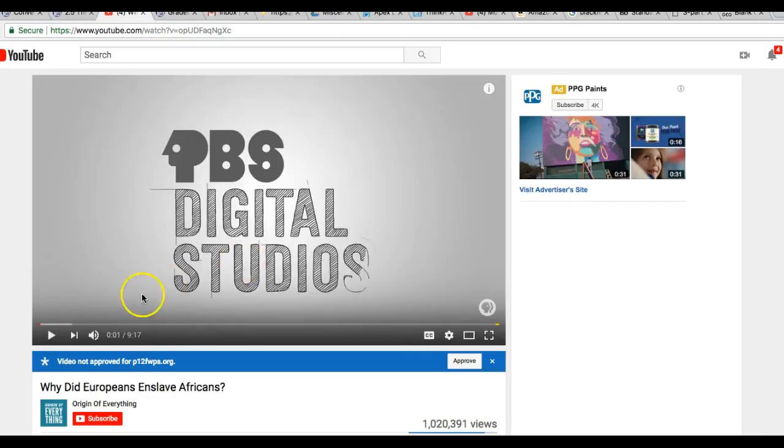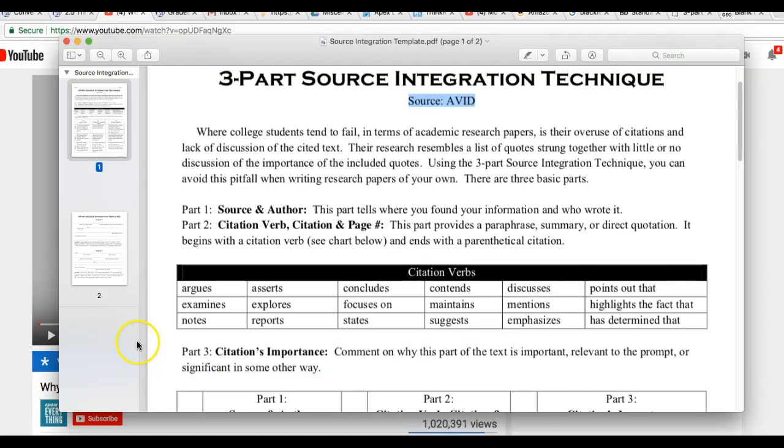So use the minutes and seconds at the beginning of when your quote starts, okay? So for example, let's pretend that we're taking a quote right off the top, and your page number, right, the time, is going to be 9:17 in your writing, okay?